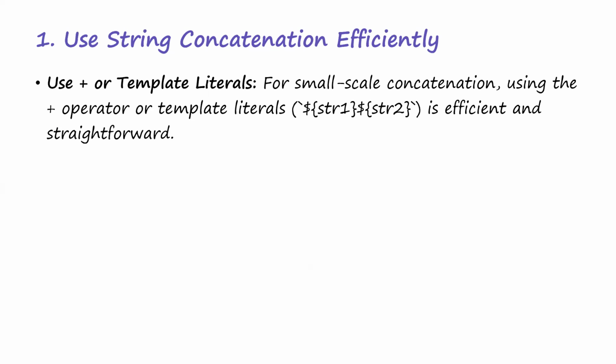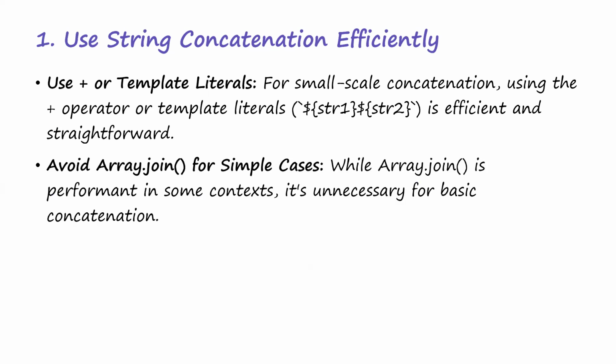A lot, okay? Now, avoid using array.join for simple cases. When we were talking about strings in loops, performance, and string immutability, we talked about using array.join, especially when you're doing concatenation in a long loop.